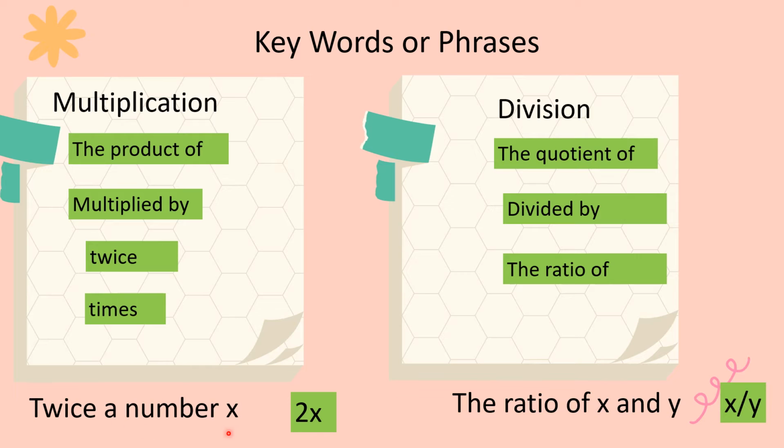Twice a number x. Again, I didn't mention a particular number, so I just represent it with the letter. So twice a number x means 2 times that number x. Then we have the ratio of x and y, which means we are going to divide x divided by y.